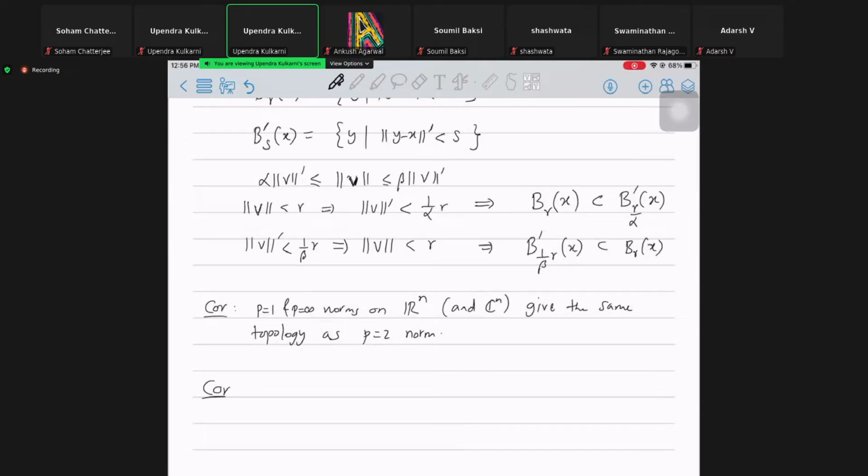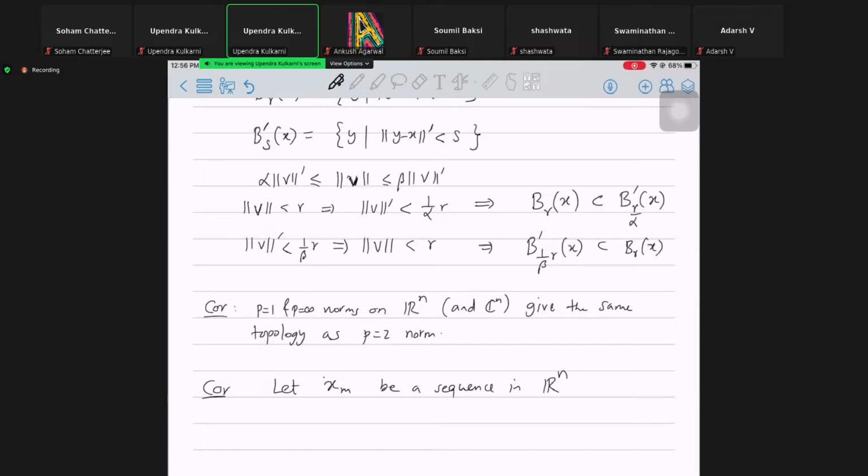Here I have to be a bit careful about notation. So let xm be a sequence in Rn. So now I'm taking a sequence in Rn. That means that each one of the elements of the sequence is a point in Rn, and it's going to be a tuple. And I'm also going to be looking at the coordinates of this tuple. So there is going to be double indexing.